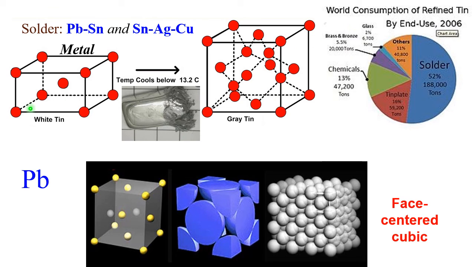Tin can have two major forms. One, so-called white tin, is more or less a common metal, widely used for different solders, toxic lead-tin solder and non-toxic tin-silver-copper solder, which are very common.